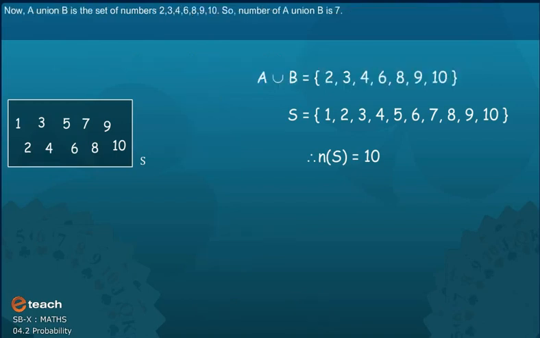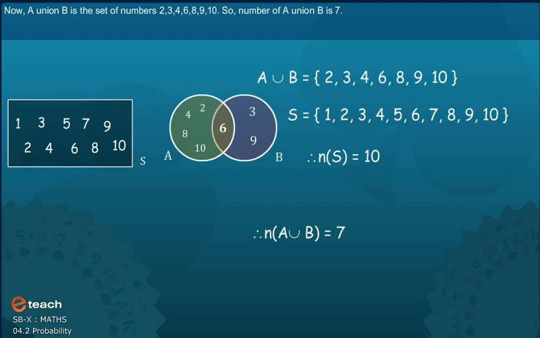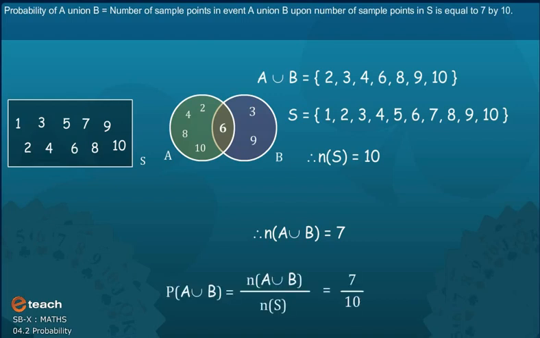Now, A union B is the set of numbers 2, 3, 4, 6, 8, 9, 10. So, n(A union B) is 7. Probability of A union B is equal to number of sample points in event A union B upon number of sample points in S, and is equal to 7 by 10.